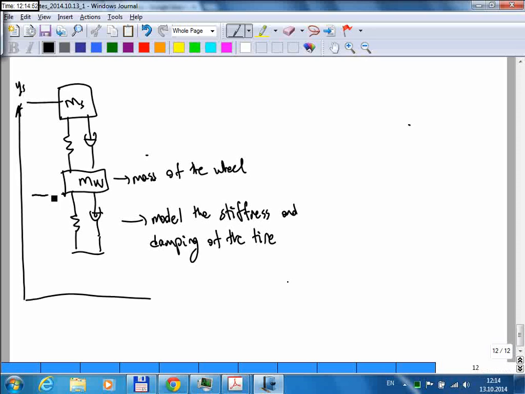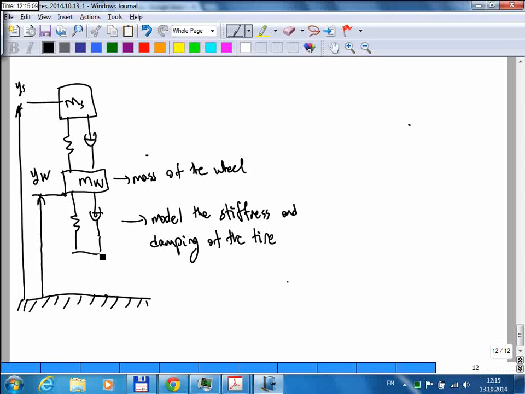And then I need a second coordinate to represent the position of the wheel, and let this be yw. And remember, we should all be checking these positions with respect to some fixed reference.